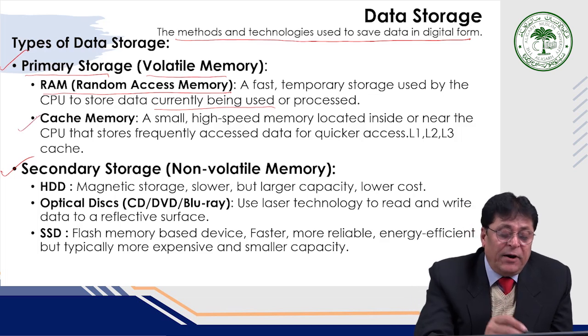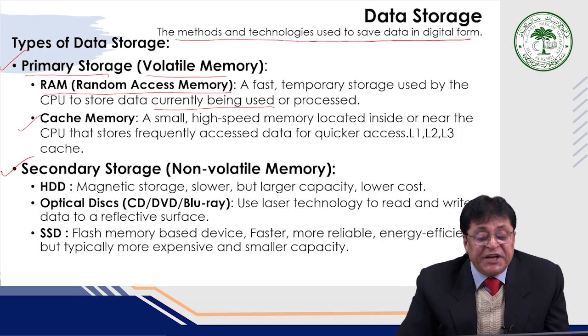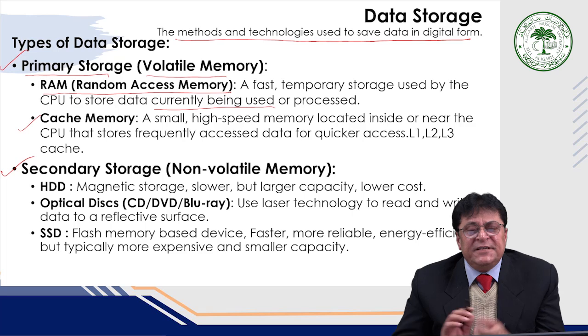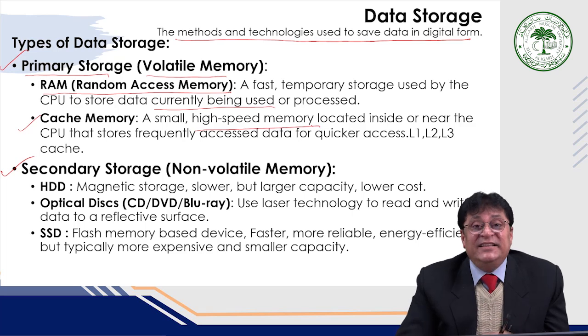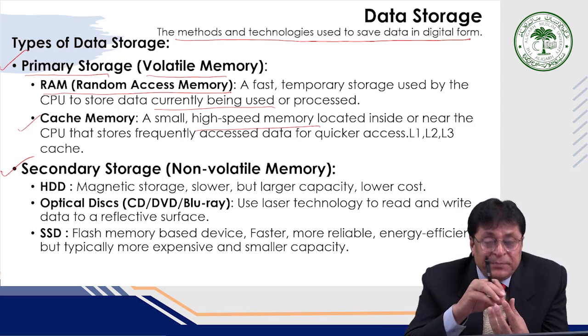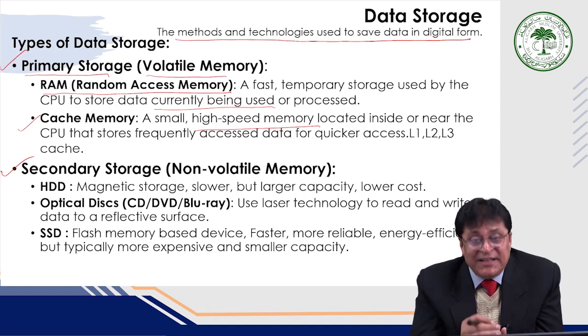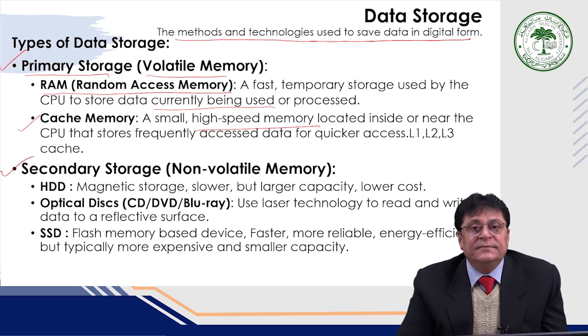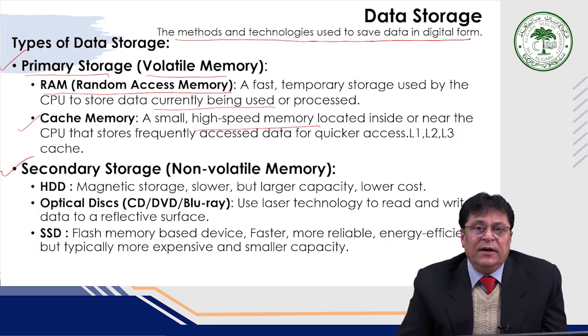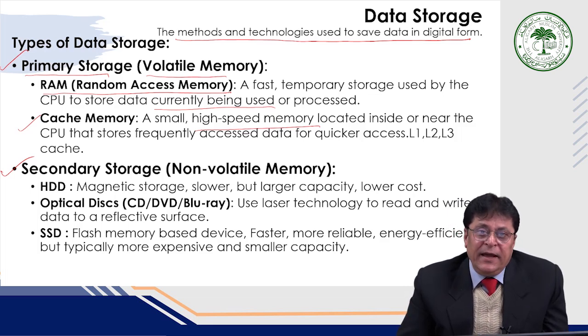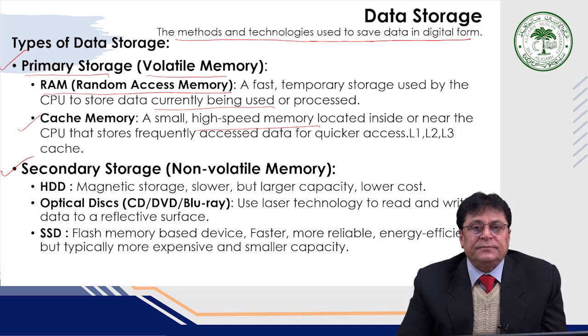Another type of primary memory is cache memory, which is a small size, very high speed memory located inside the computer system, either on board, or on the CPU chip, or in the chip within the die. So, we have accordingly three different types of cache memory: L1 cache, L2 cache and L3 cache.